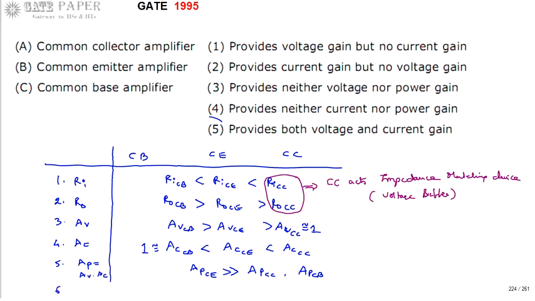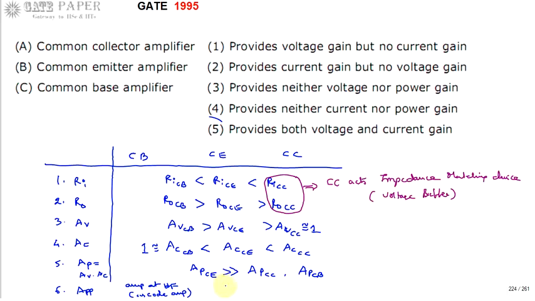And the applications part, if you see, common base acts as an amplifier at high frequencies, that too along with common emitter only. That's why this amplifier is called a cascode amplifier.